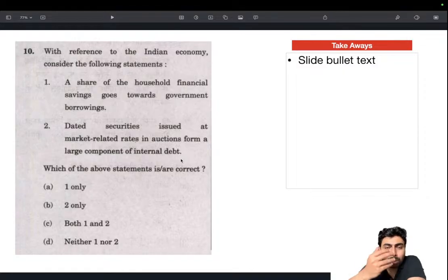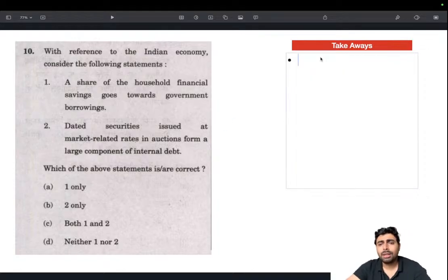This is something most aspirants will know, especially from the Economic Survey, where the debt components are mentioned. I don't think this changes often, because dated securities will form the large component, but still go through the Economic Survey.